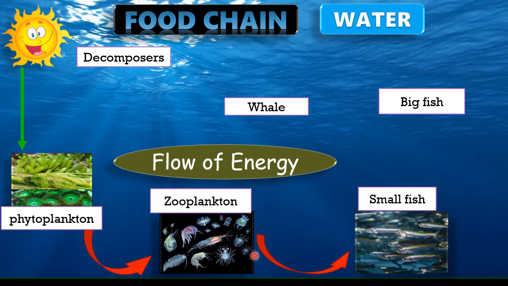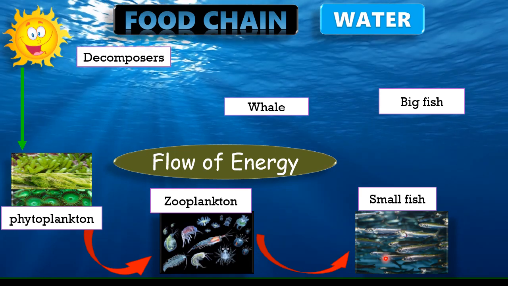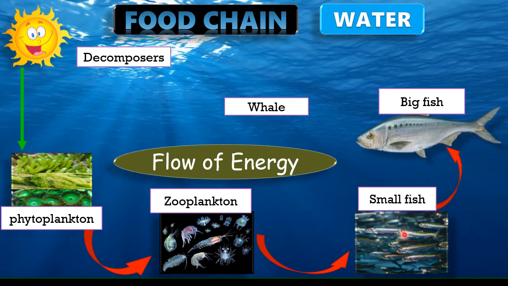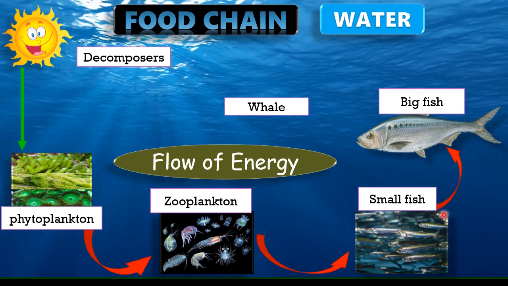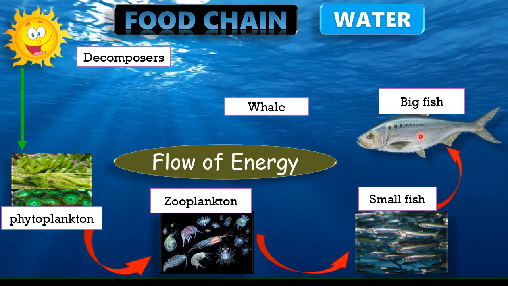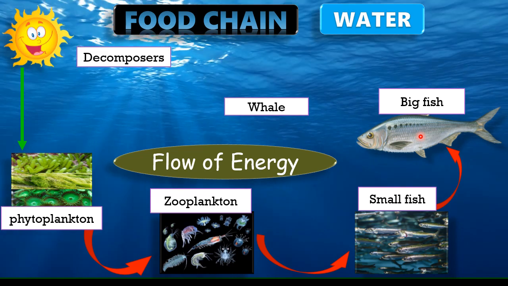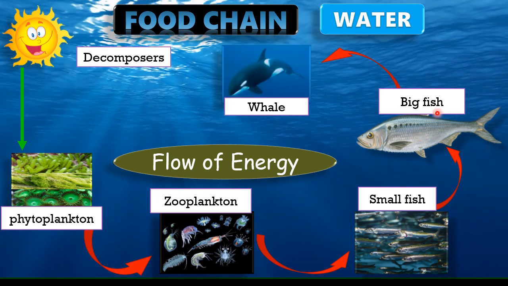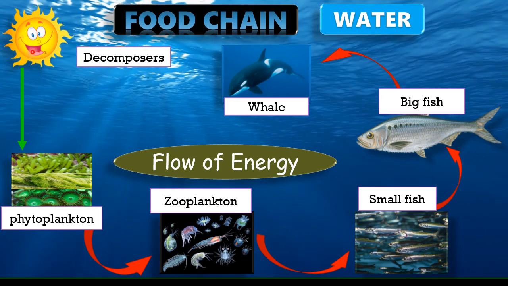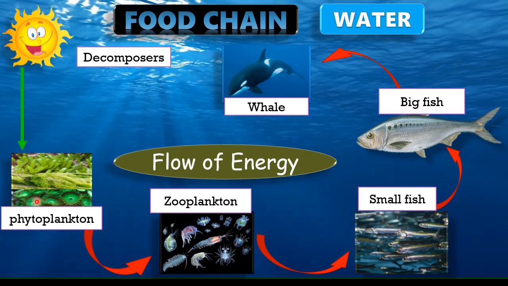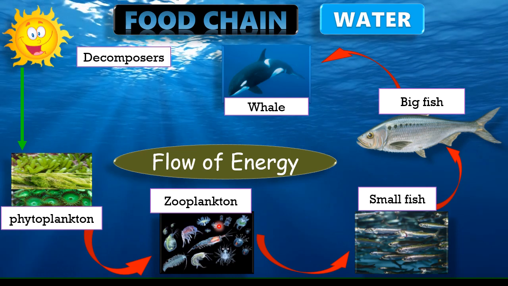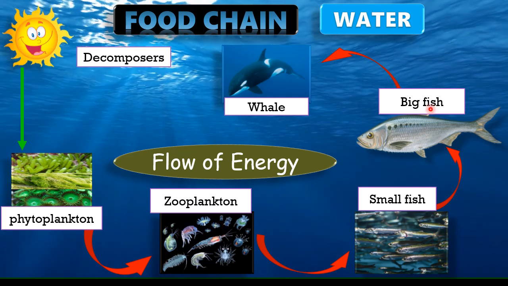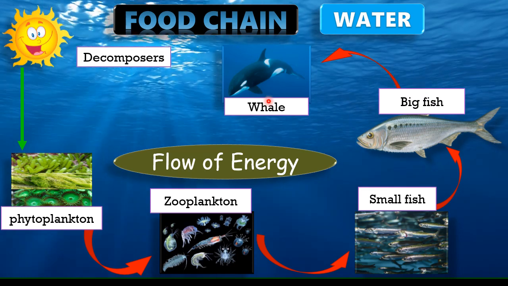Now energy is transferred to small fishes. Yes, and these small fishes are eaten by big fishes. Now energy is transferred to big fishes and this big fish is eaten by a whale. The energy which started traveling from the sun to phytoplankton to zooplankton to small fishes, from small fishes to big fishes, is now in the whale.